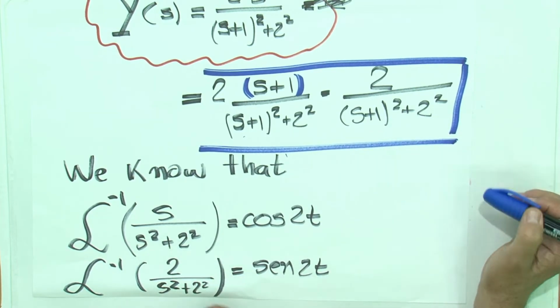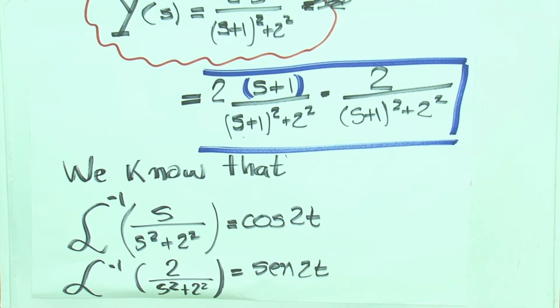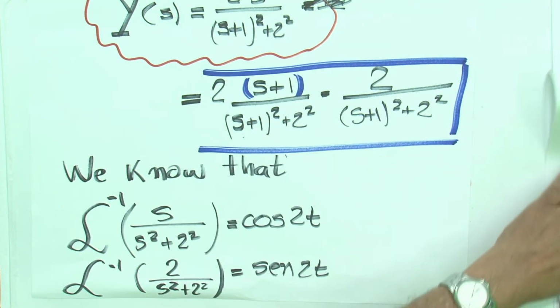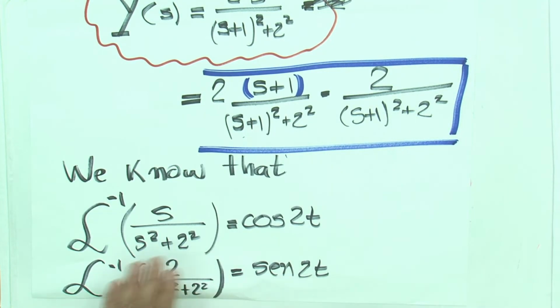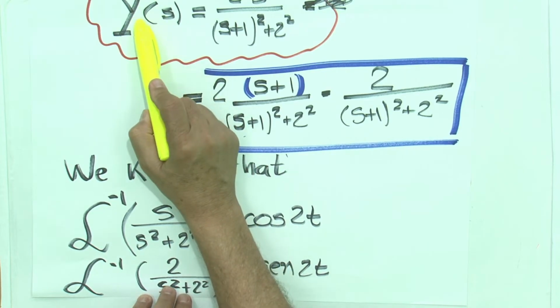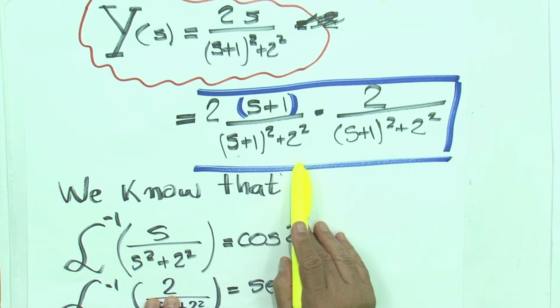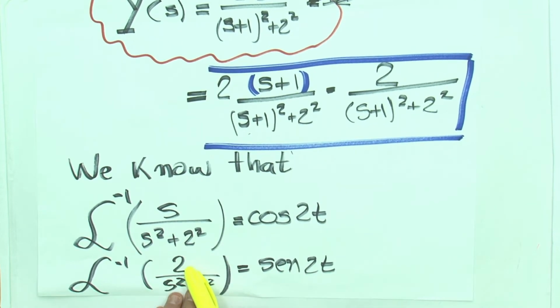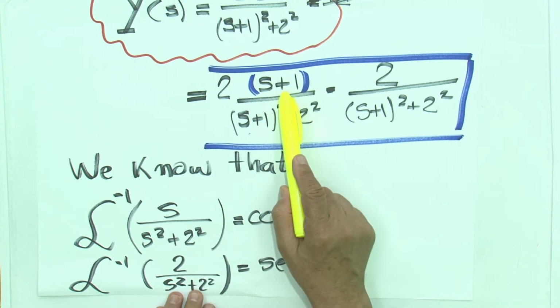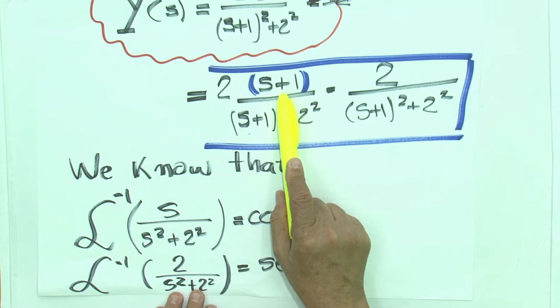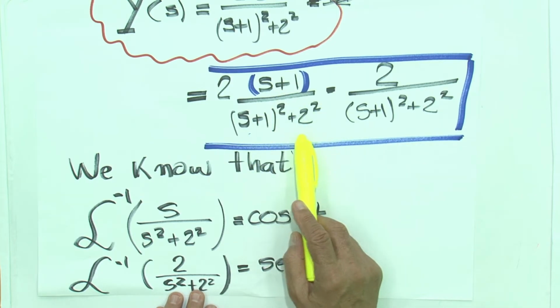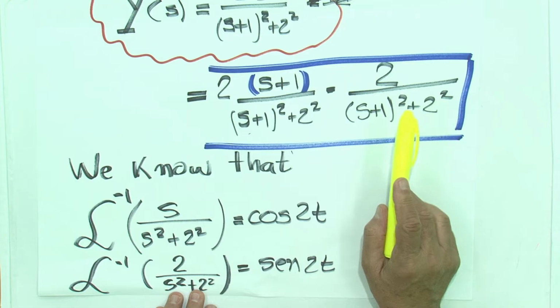And this one is just the sine of 2t. So I already, more or less, identified the inverse Laplace transform of this. Because now I know this capital Y, and I'm going to identify the inverse Laplace transform. And this part here, I already identified as the exponential times cosine, and this is the sine.